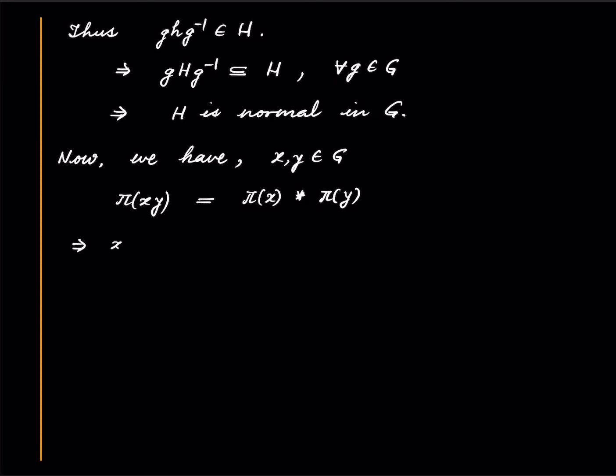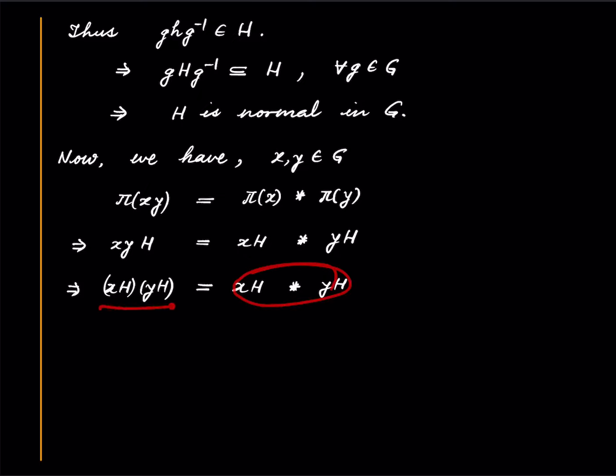Now by definition of pi, the left hand side is that, the right hand side is that. But since H is a normal subgroup, we saw that this thing is equal to xH yH. So therefore, this binary operation is actually the one that we mentioned in the lemma.